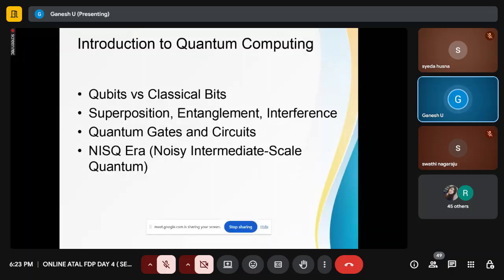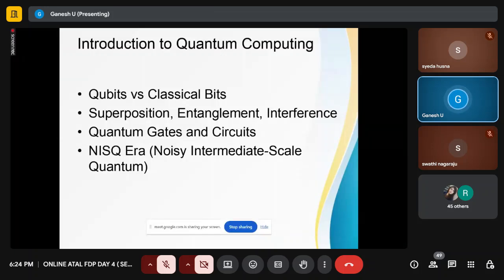Quantum gates and circuits were also discussed in the previous sessions. I will just brief them. Classical gates first: AND, OR, NOT, XOR manipulate bits 0 or 1. These are the classical gates we use in other technologies.